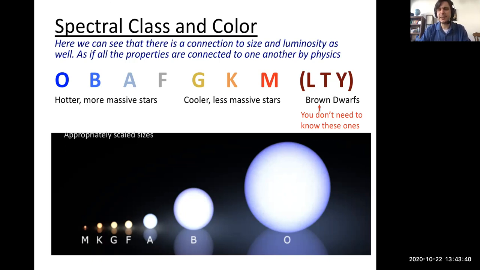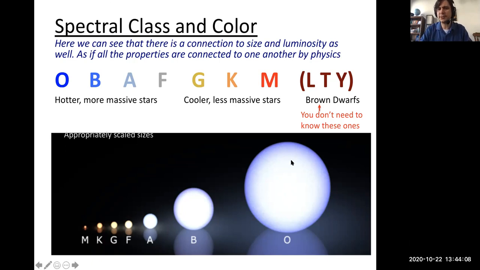And if we have connections between one property and other properties, that means there is some physics behind all of it, some rhyme and reason to nature that'll allow us to translate from one physical property to another. So these spectral classes are really opening the door. They're our gateway into really getting after the properties of the stars, because they're all connected.